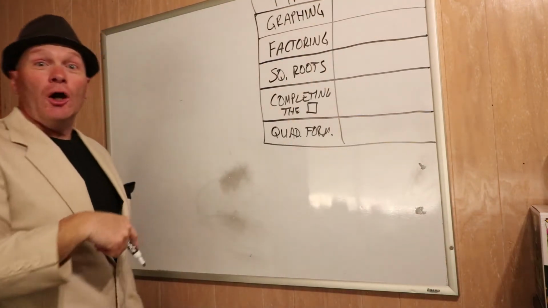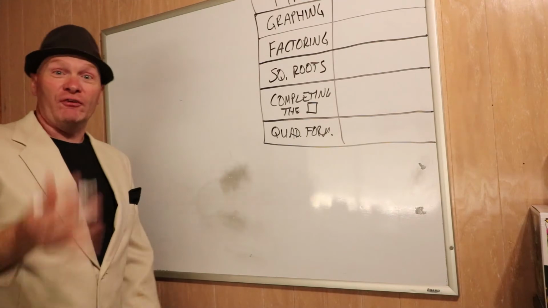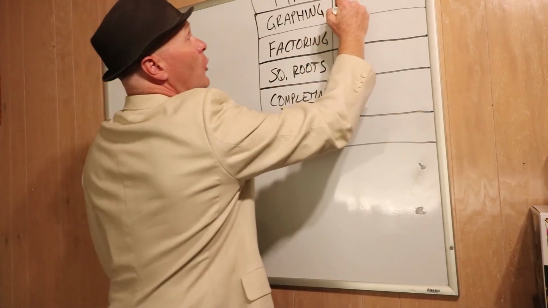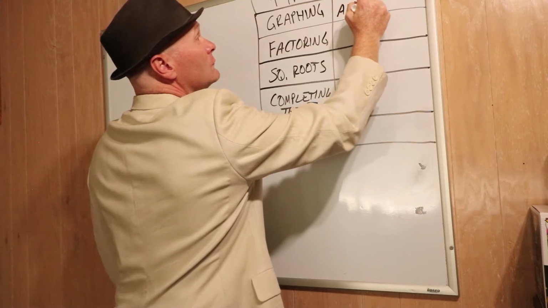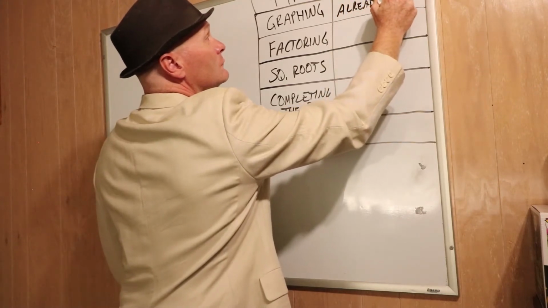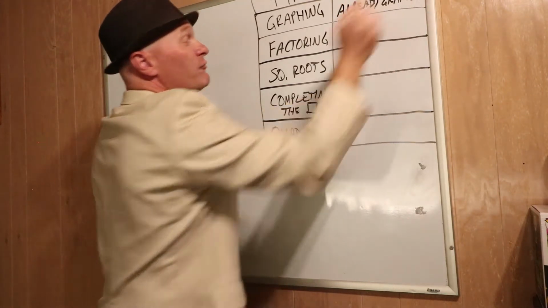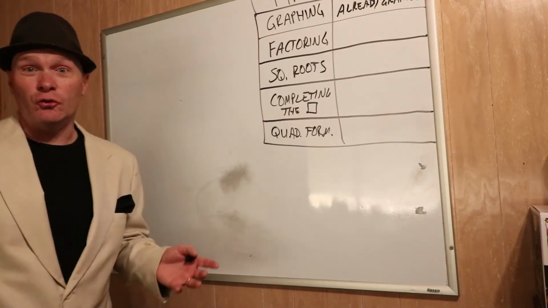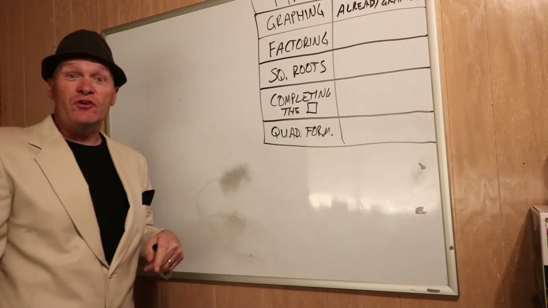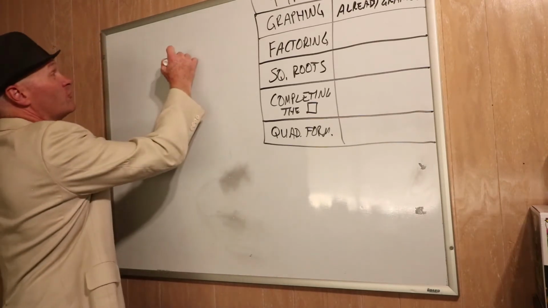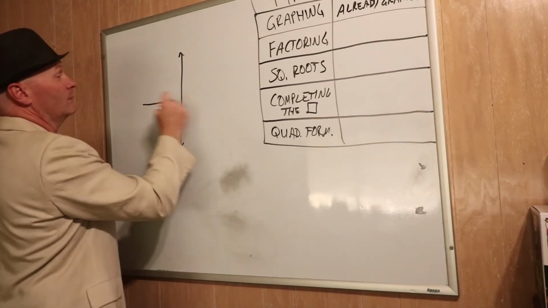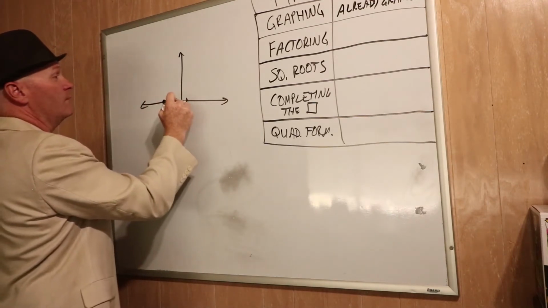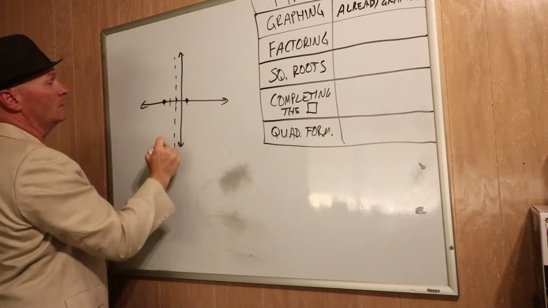A few weeks ago when you learned about solving by graphing, you learned that the best time to do that is when it's already graphed. Graphing a quadratic function can be difficult and time-consuming, so there's no reason to use this one unless it's already graphed. For example, let's say this was your graph.